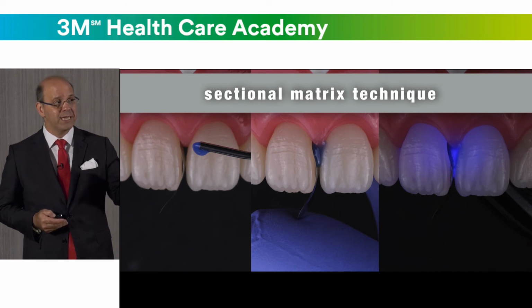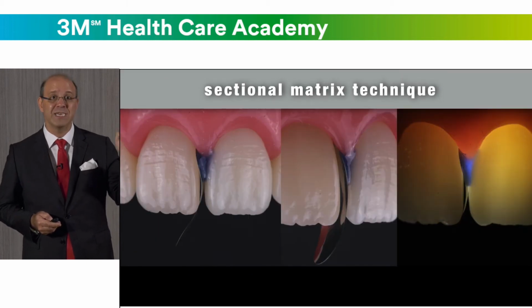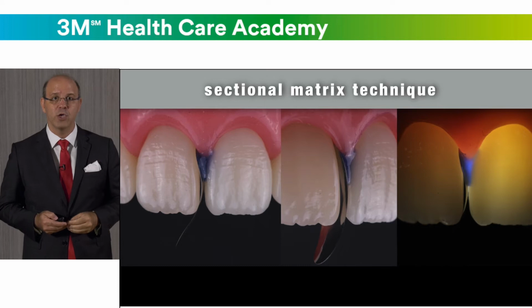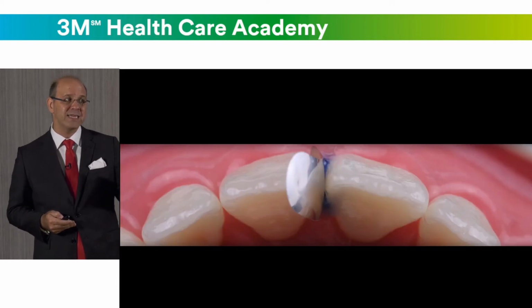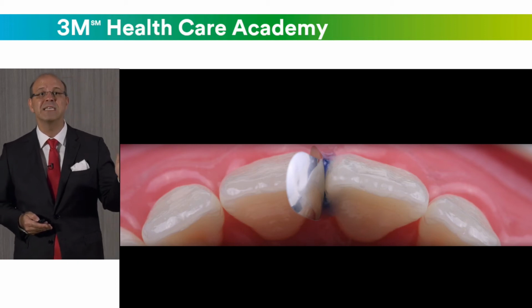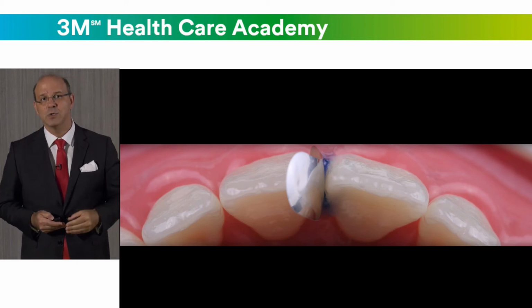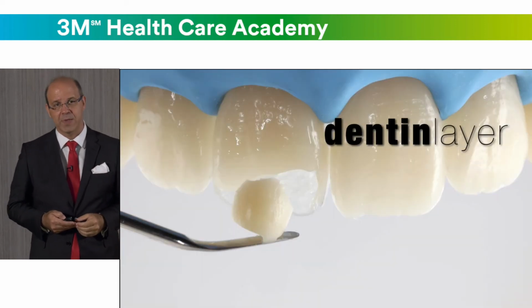You can just put a little bit on the proximal space, you light cure, and your matrix will always keep the shape you want to have in the final restoration. So with this you can see that this sectional matrix can give you something similar to the shape of the natural tooth in this position.